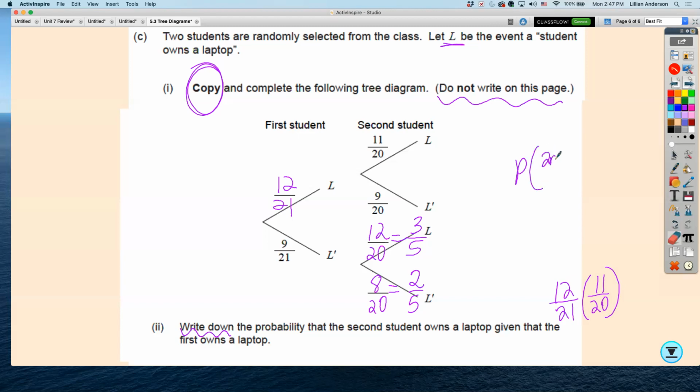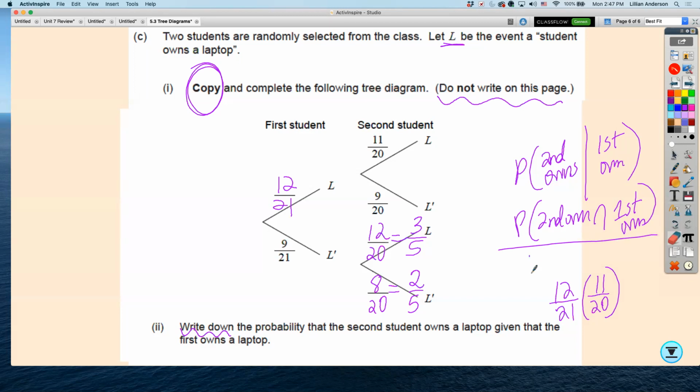So we want the second student owns a laptop, given that the first owns a laptop, which means we need the intersection between the second one owning and the first one owning, all over the probability that the first one owns.